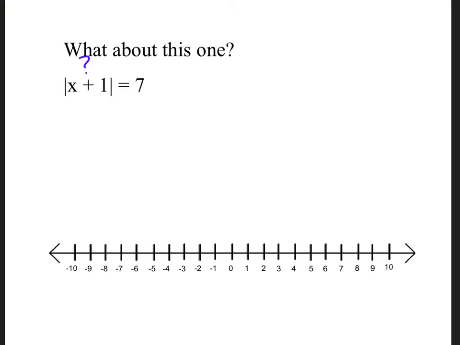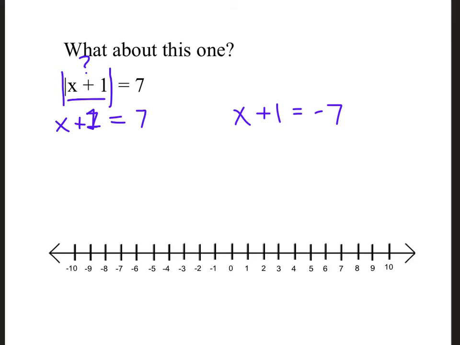But whatever is in here, this x plus 1, is going to be 7, or that x plus 1 could be negative 7, right? We just said that's what absolute value means.